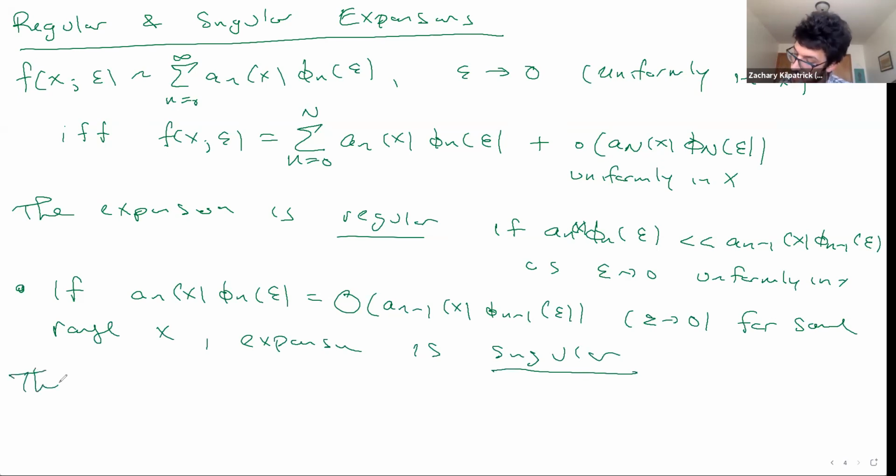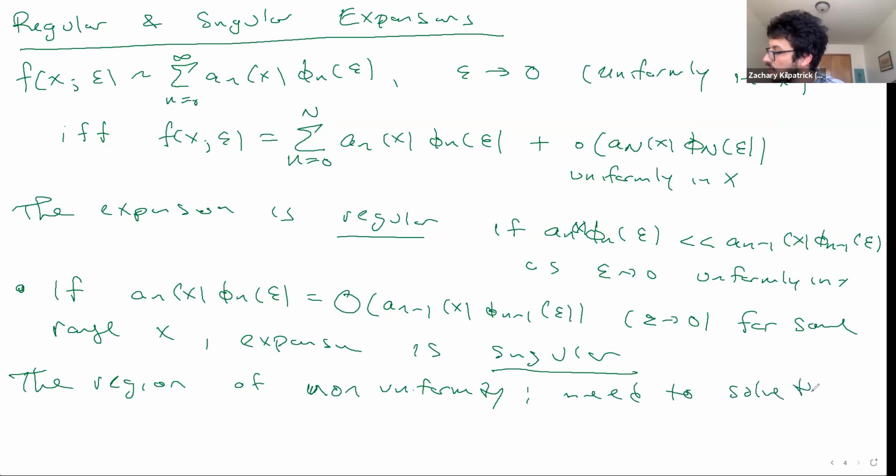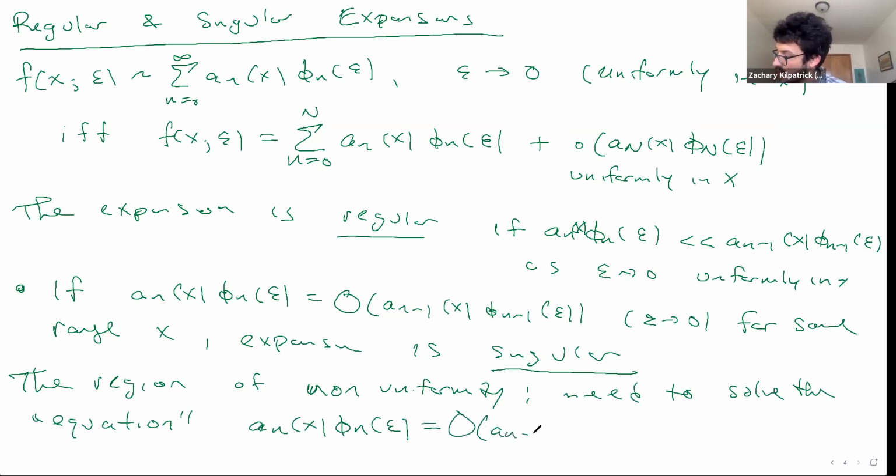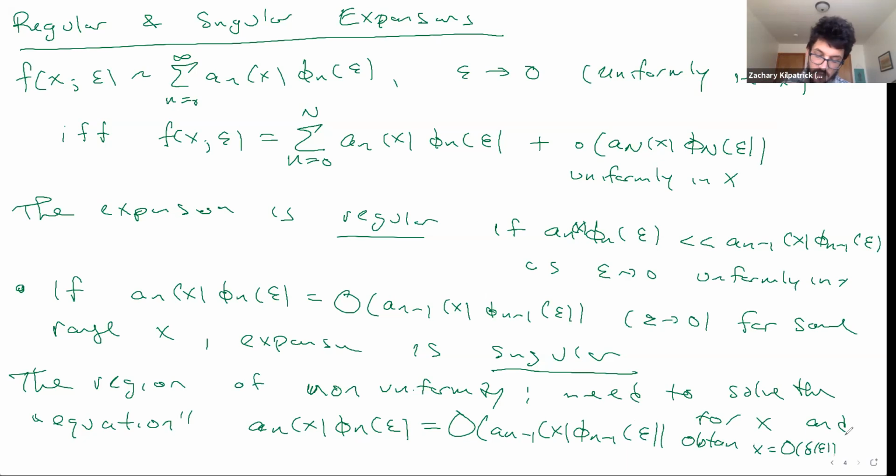So this means that singular expansions are going to break uniformity, and in this region of non-uniformity we essentially need to solve the equation a n of x phi n of epsilon equal to big O of a n minus 1 of x phi n minus 1 of epsilon for that range of x, and obtain how x is equal to some function of epsilon, which we'll call delta, okay?